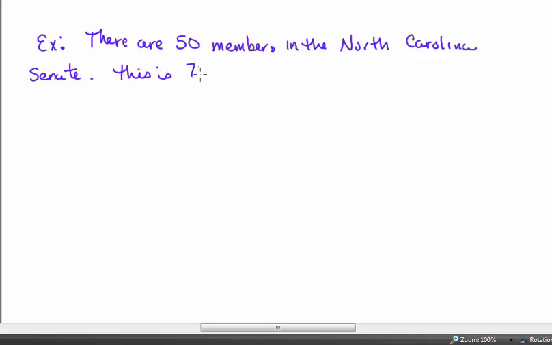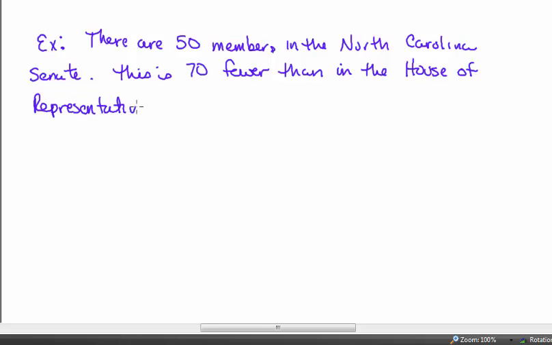This is 70 fewer than in the House of Representatives. How many members in the House?